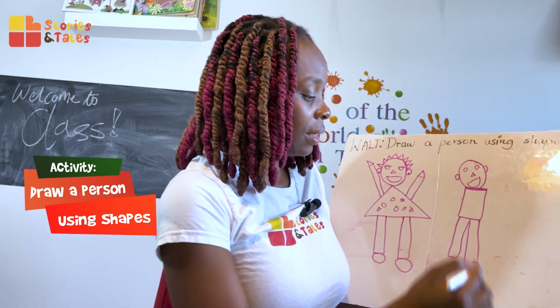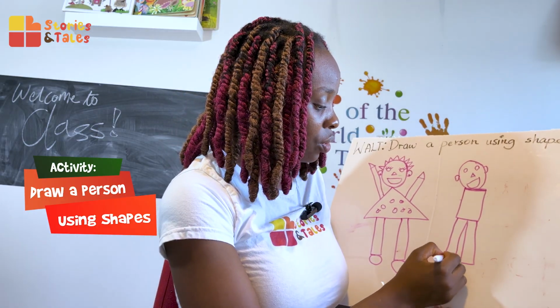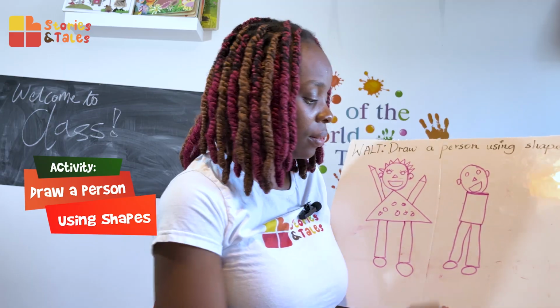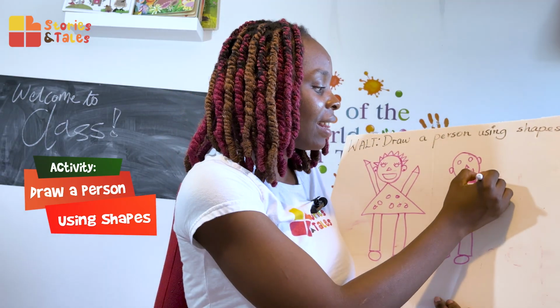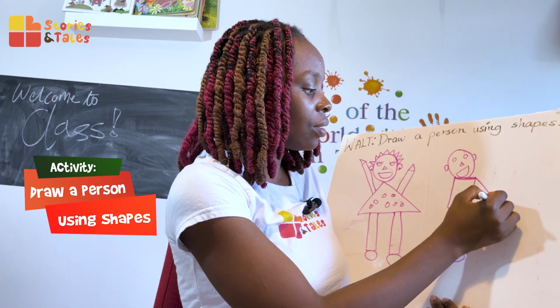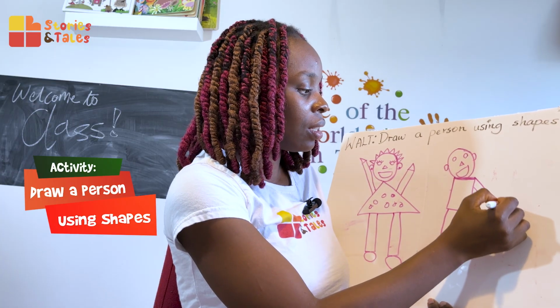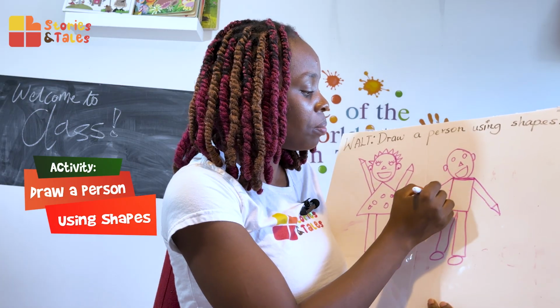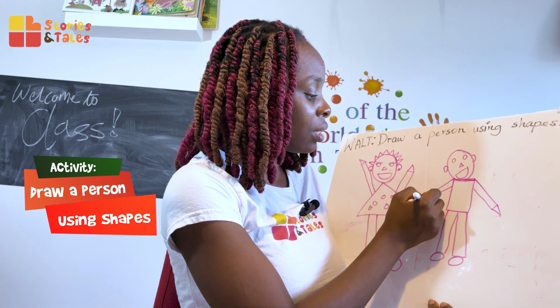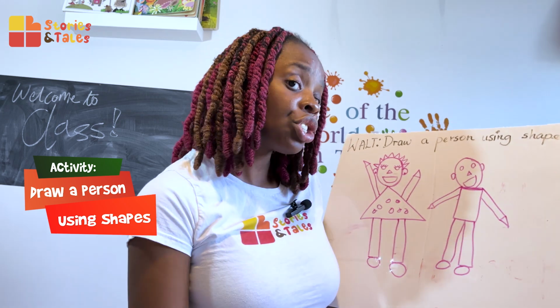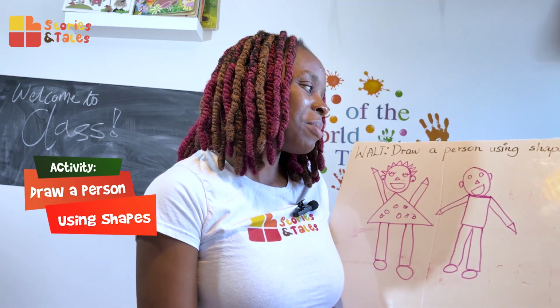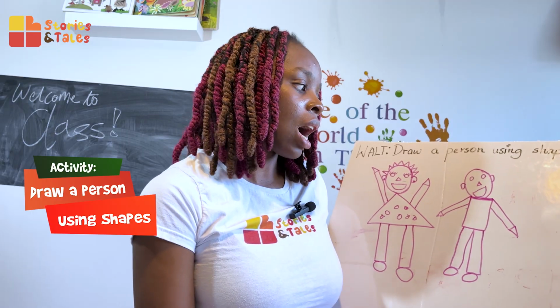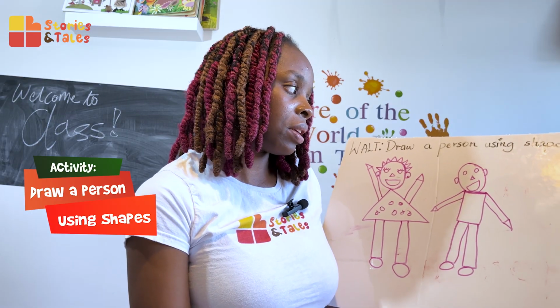See that? And then we're going to give him circles for feet. And then for his sleeves, rectangles. And so the only difference really between the boy and the girl is their body shape. The rest of them is pretty much the same. The face, the eyes, the hands, the feet are the same.